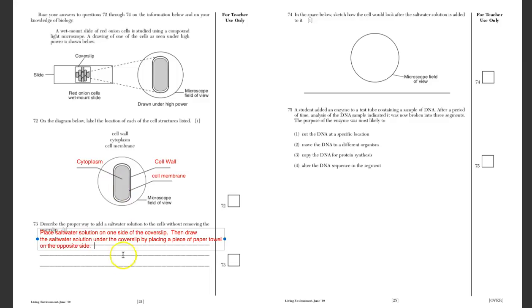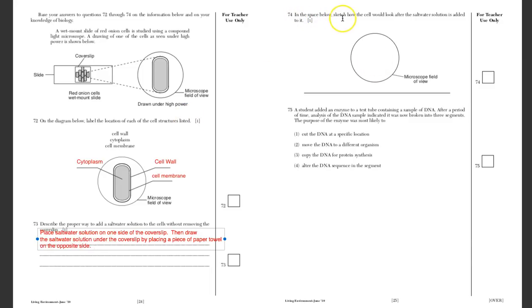And that's it. Place saltwater solution on one side of the cover slip, then draw the saltwater solution under the cover slip by placing a piece of paper towel on the opposite side. Okay, that's it. All right, next.